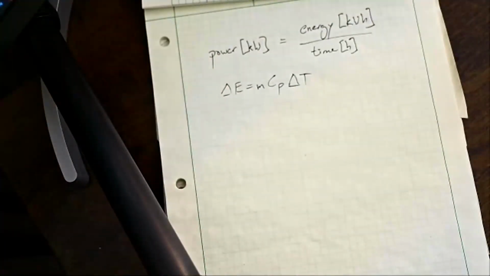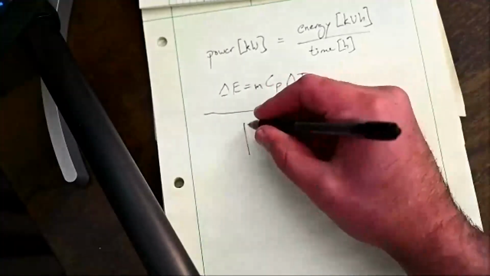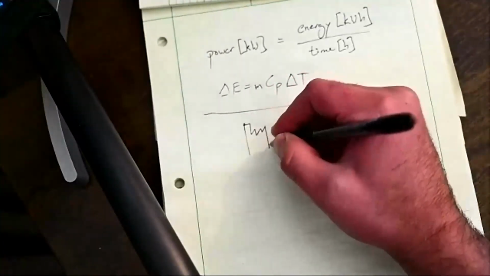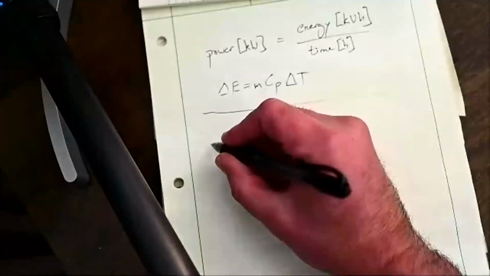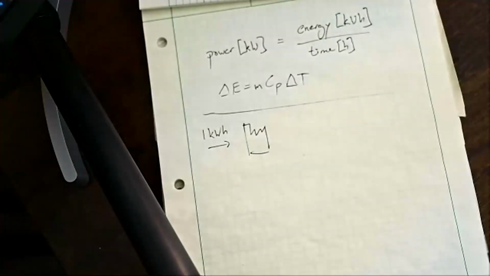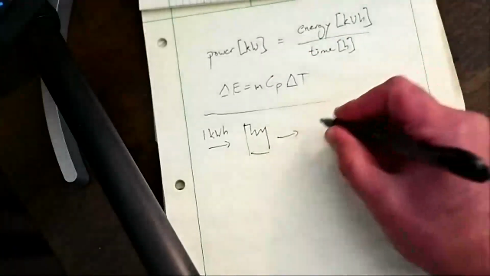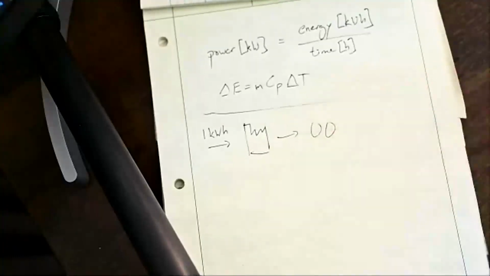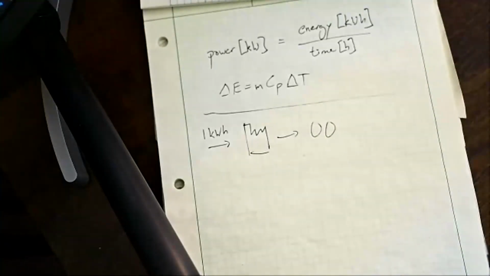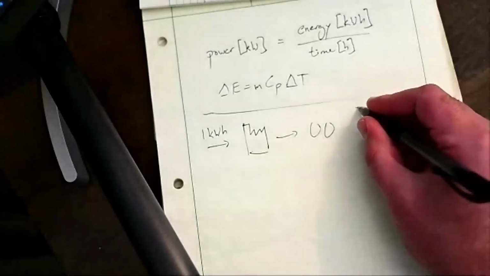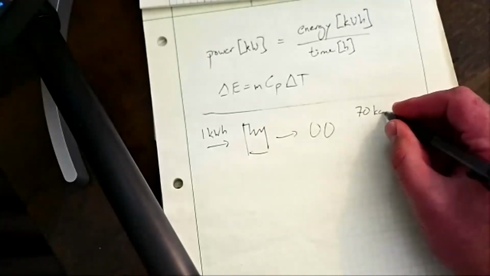Okay, well, we're talking about chickens here. So chickens are a factory. I draw all factories like a coal plant. You put 1 kilowatt hour of feed into that chicken, and out comes 2 eggs. Okay, so we know these eggs have 70 kilocalories of energy.